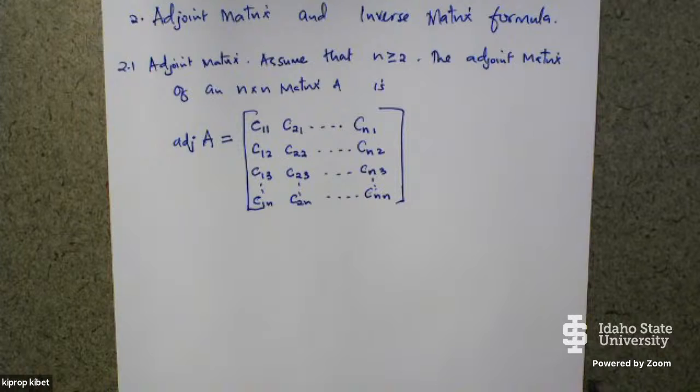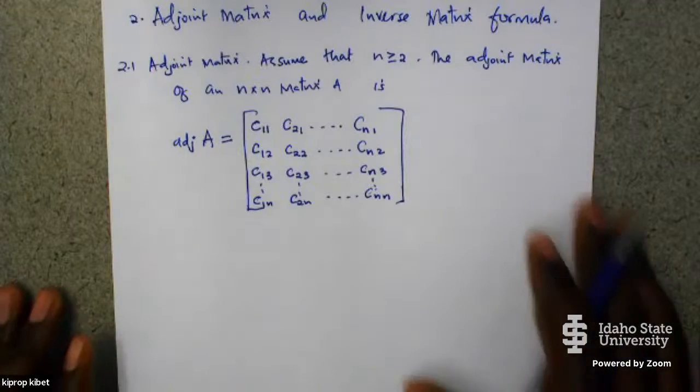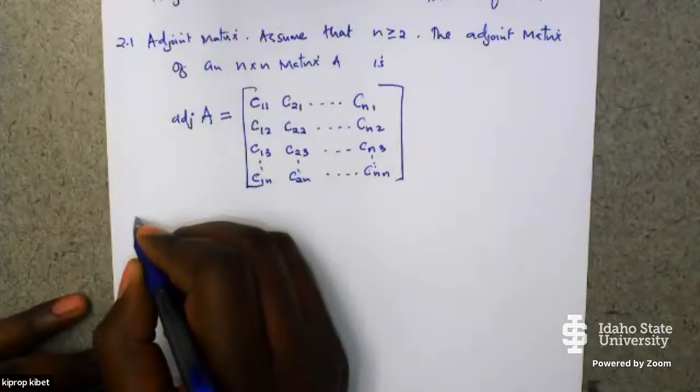So the adjoint is the cofactors: C11, C21, CN1, C12, C22, and so on. So how do you get the cofactors?